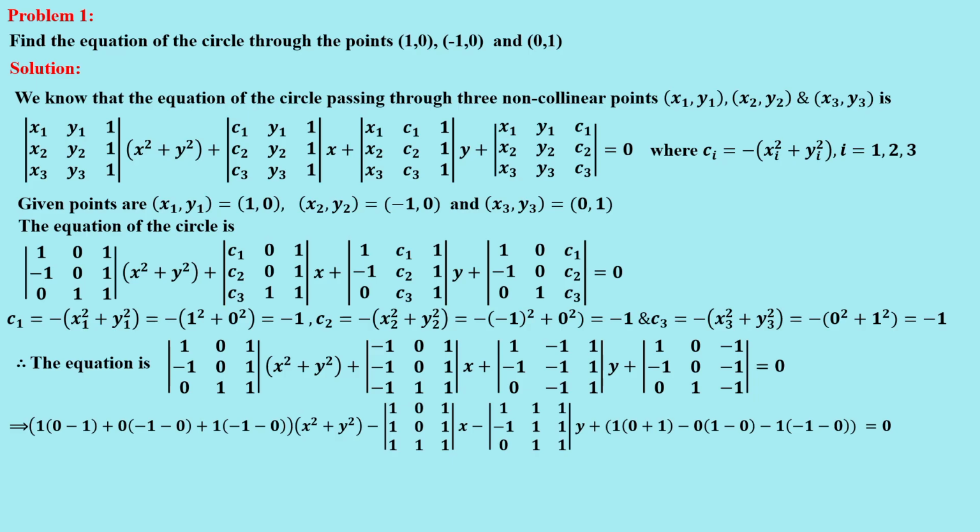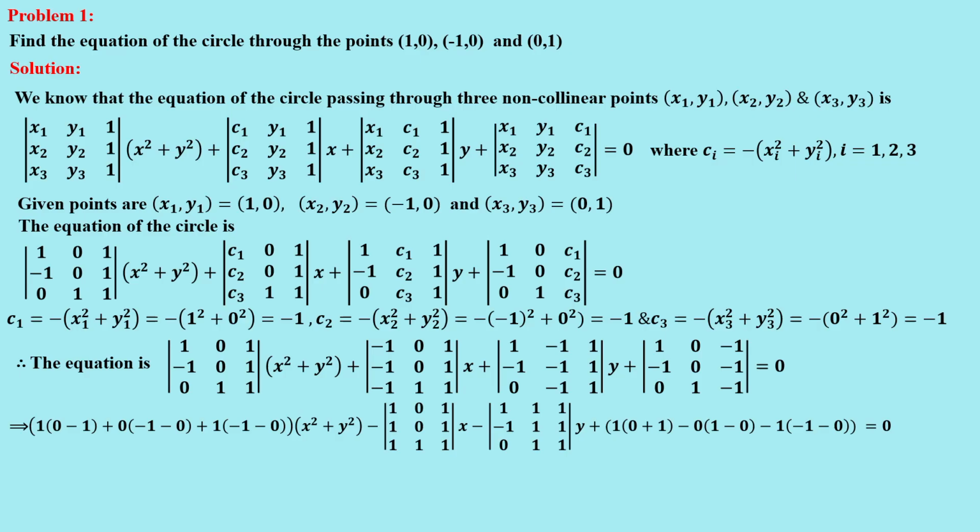So for the first one, leaving the first row and first column, take the remaining four numbers and do the cross multiplication: 0 into 1 minus (-1 into 1).